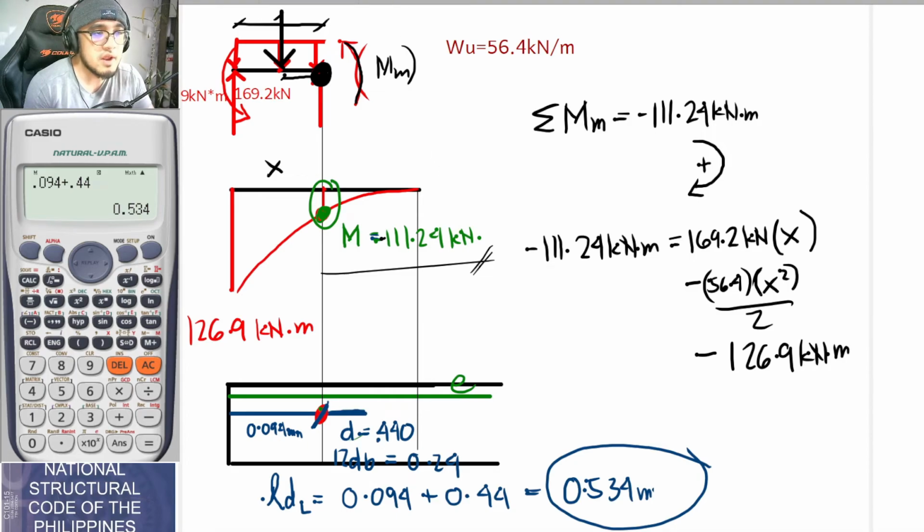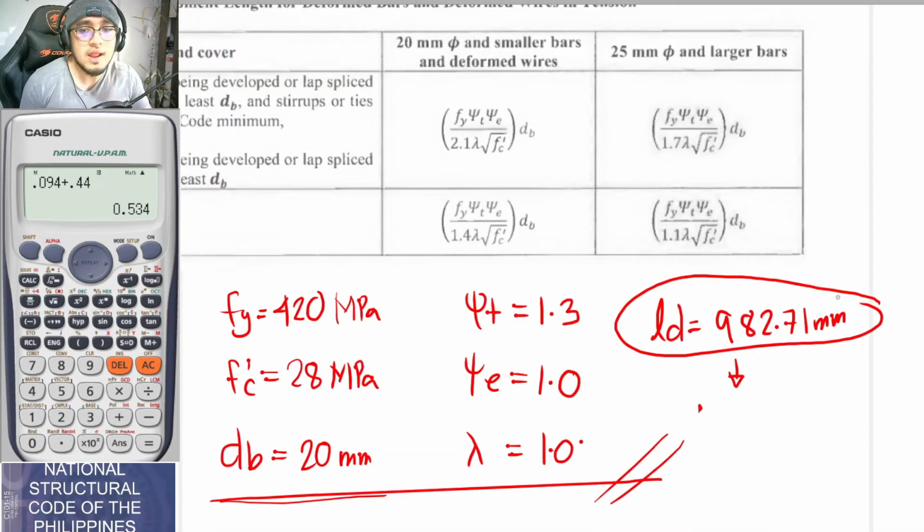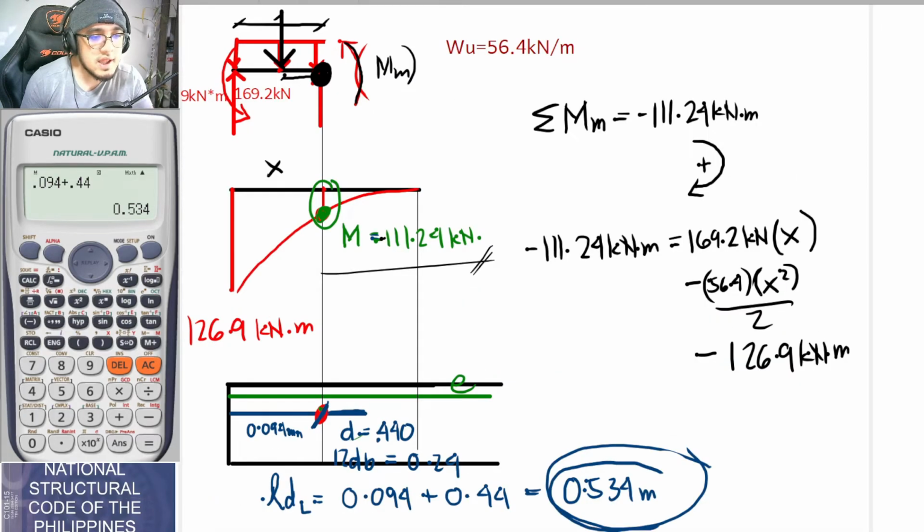But do not forget, guys, about the minimum Ld that we have solved for earlier. We have solved that the minimum Ld is 982.71 mm.